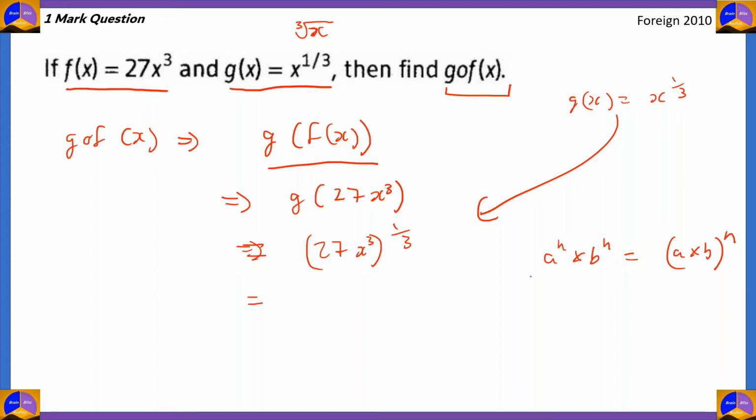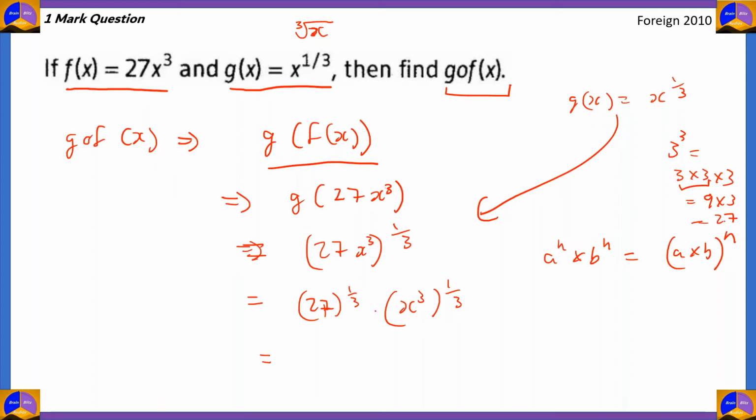So that means that here both 27 and x cubed have the same power 1 by 3. So we can split them as 27 raised to 1 by 3 times x cubed raised to 1 by 3. So now we know that 3 cubed, which is equal to 3 into 3 into 3, which is equal to 9 into 3, because we already know that 3 squared is 9, which is equal to 27.